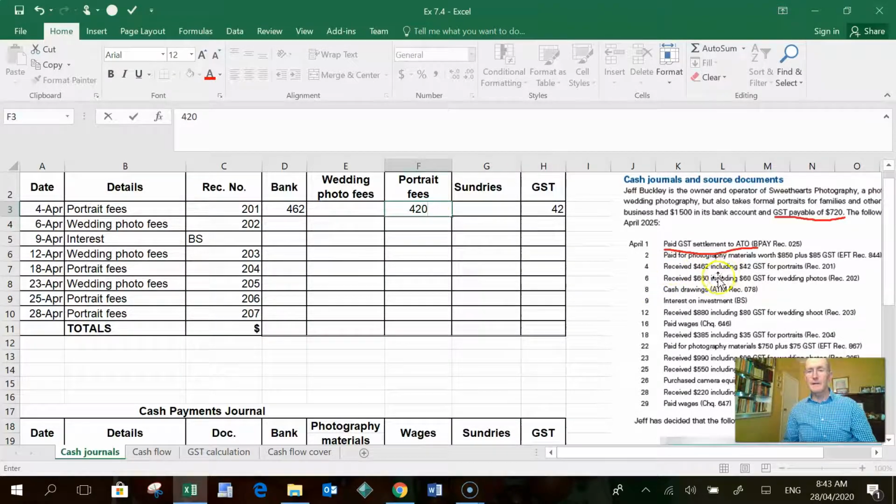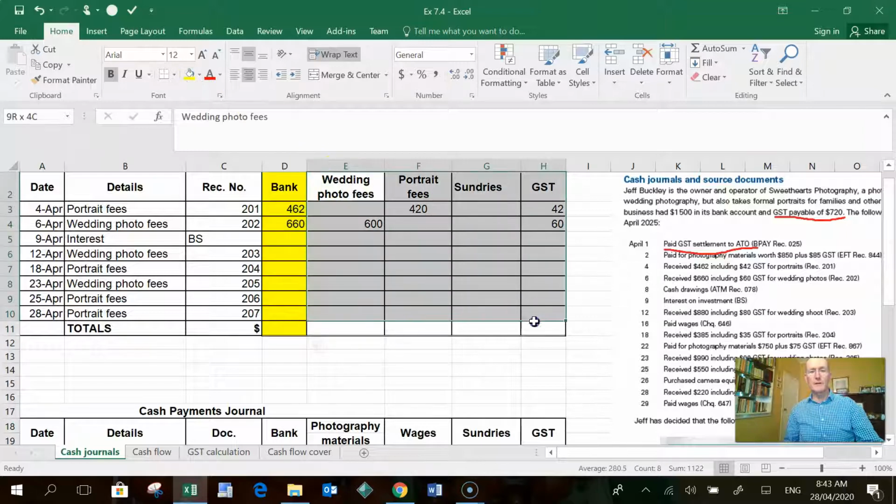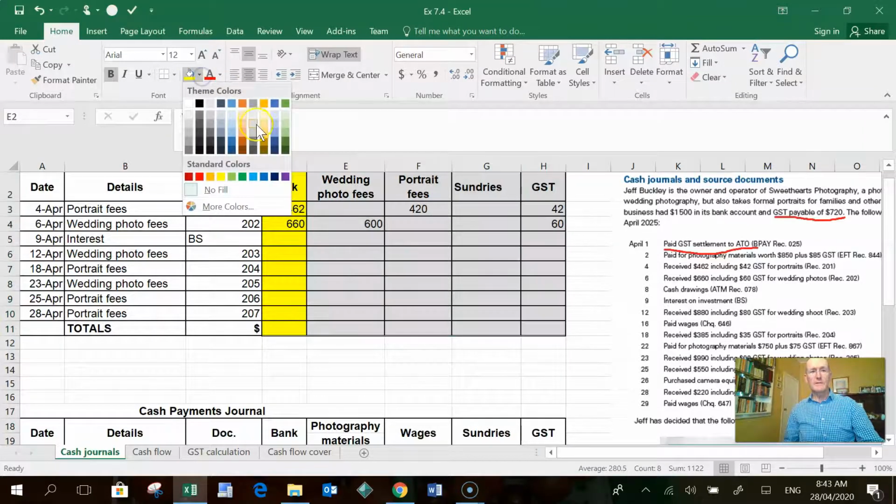Received $6.60 for wedding photos, including GST, on the 6th. $6.60, GST, wedding photos, 60 plus a donut. Make sure both sides balance. This side is always got to equal everything over here. So you check that as you go.